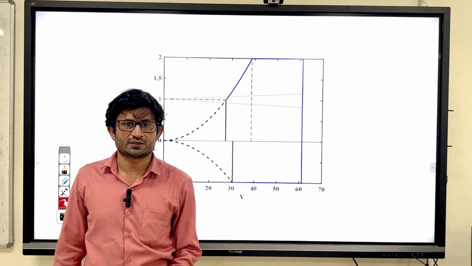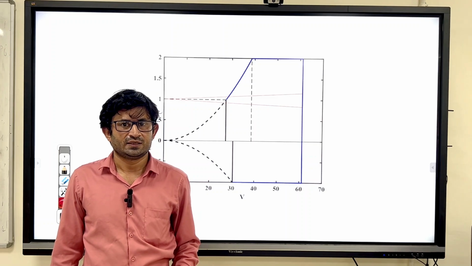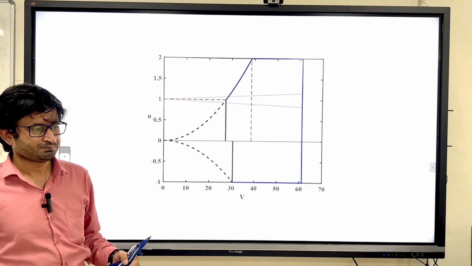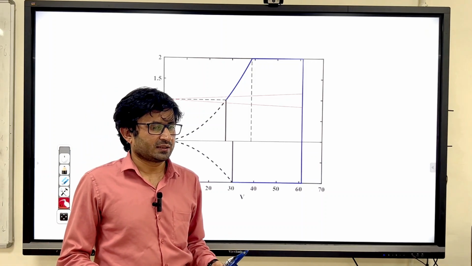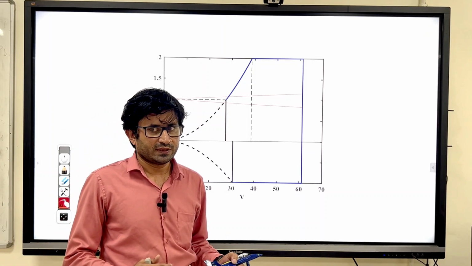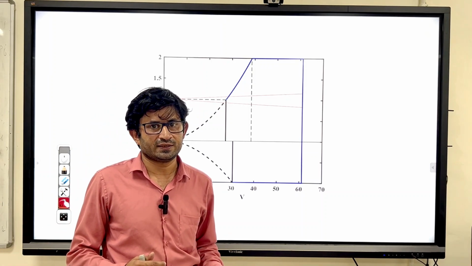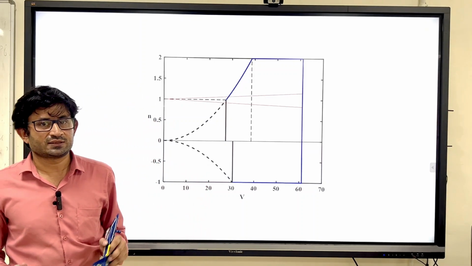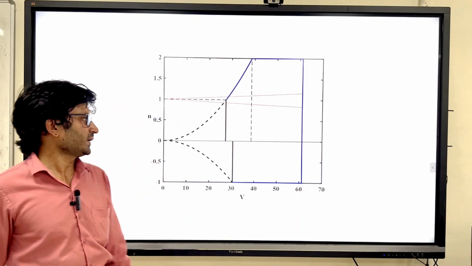I have given a 10 meter per second gust, and still it is within the flight envelope. So when the wing loading is low, the aircraft is very sensitive to gust, and when wing loading is high, it is less sensitive to gust. That sort of feel I wanted to give you.